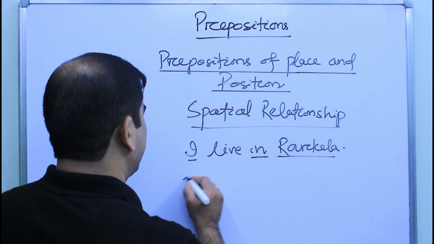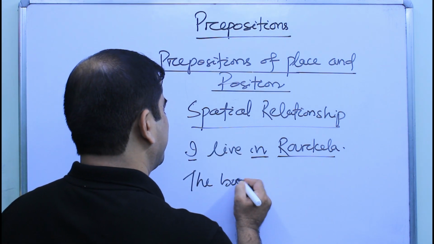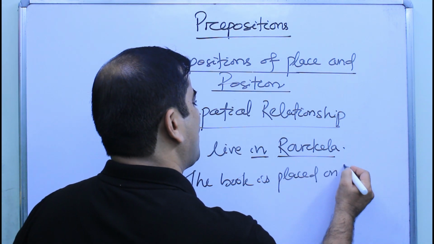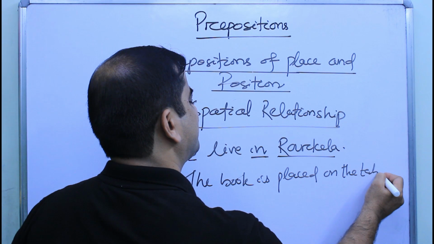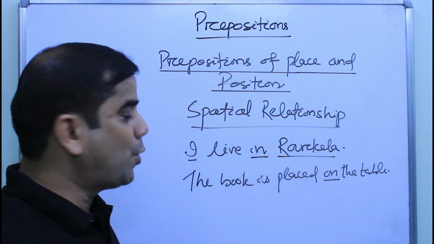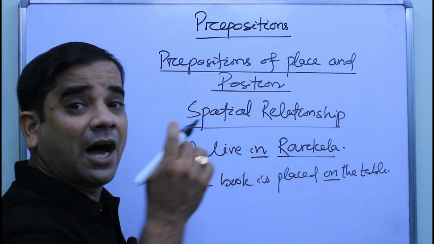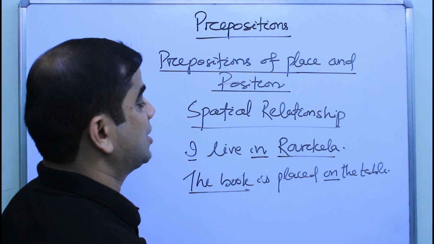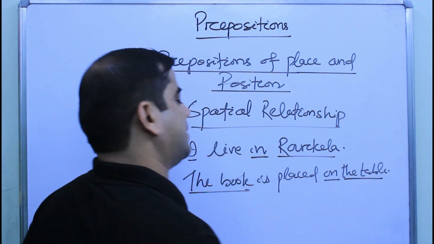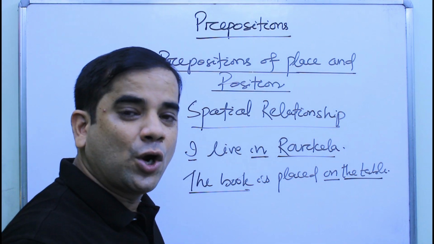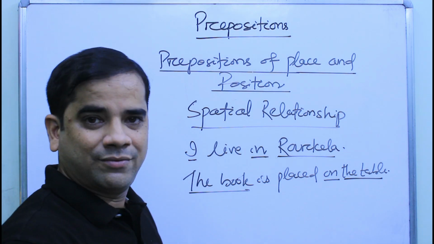But if I write, the book is placed on the table, that means on is a preposition which is showing the position of the book with reference to the table. So here preposition on is a preposition of position.